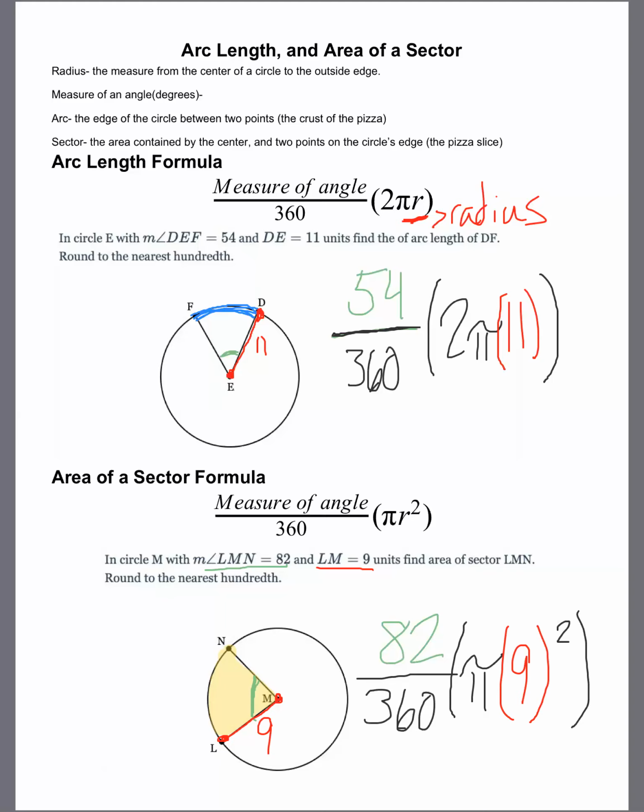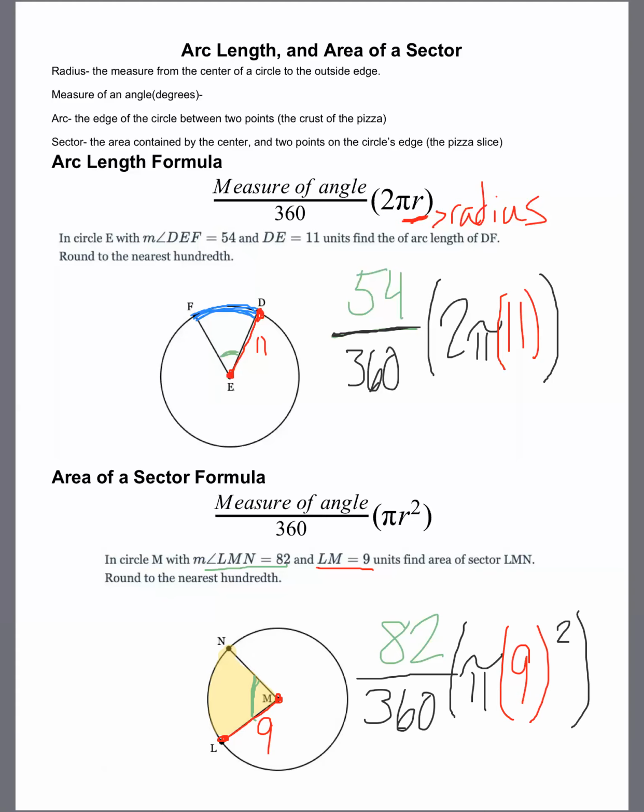I have a question. What's your question? So when you do 2 pi, do you say 54 over 360, and then whatever your answer for the division is, times 2 pi times 11, or 2 pi times 11, then you multiply? Multiplication, the order doesn't matter, remember. 4 times 3 is the same thing as 3 times 4. That's not what I mean.